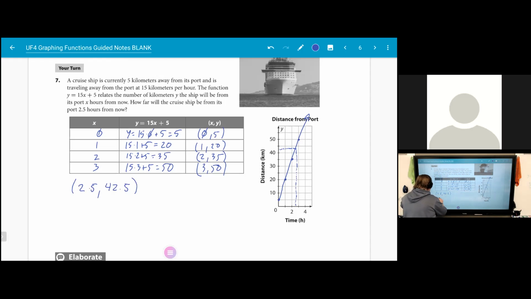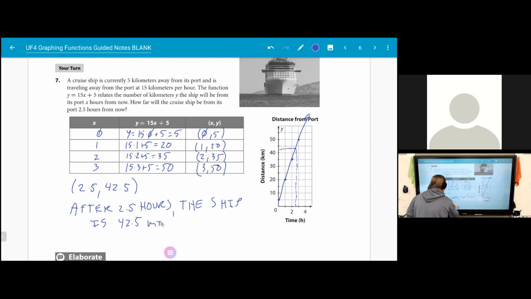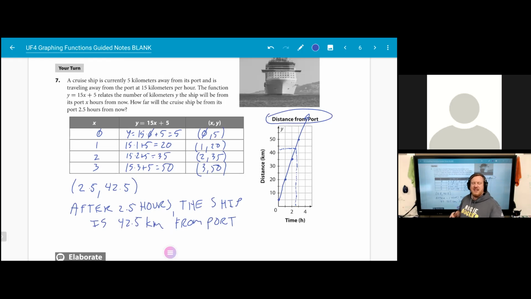After 2.5 hours, the ship is 42.5 miles, or kilometers, there we go, we're using correct units here, kilometers from port. So there we go. Distance from port. We used our logic. We used everything that we needed to in there.